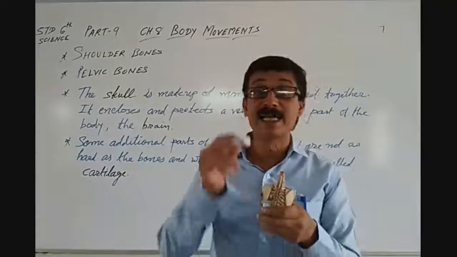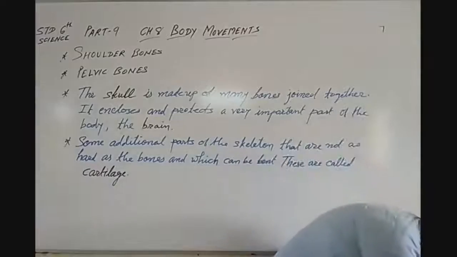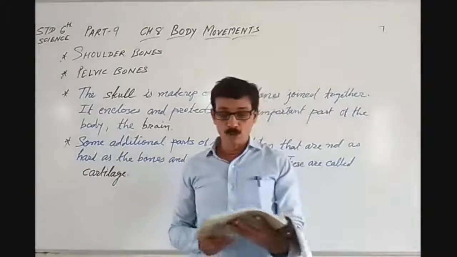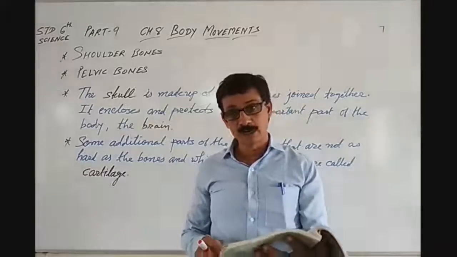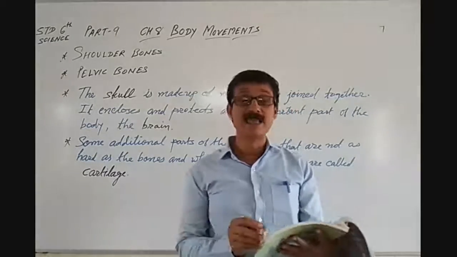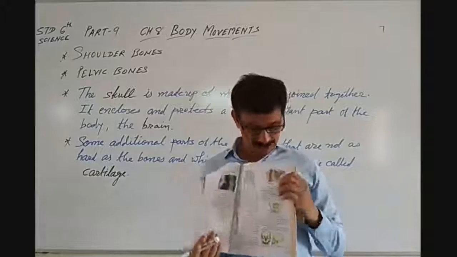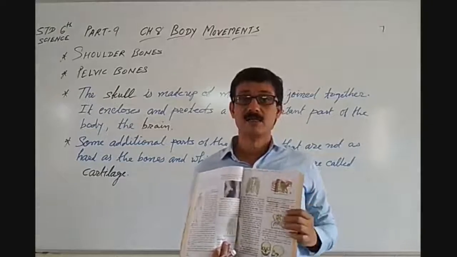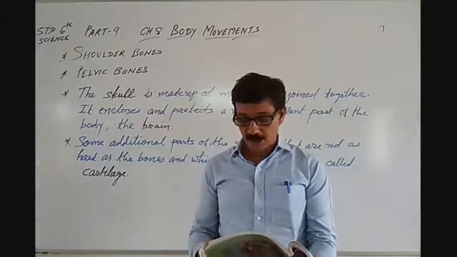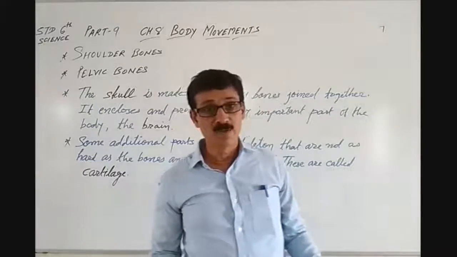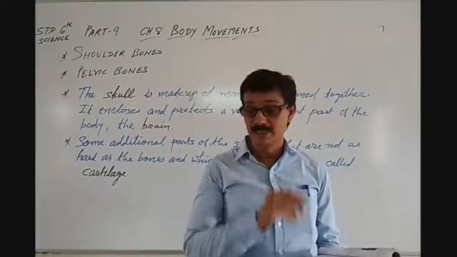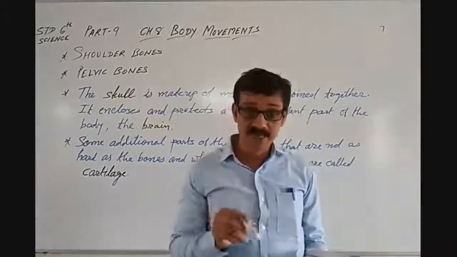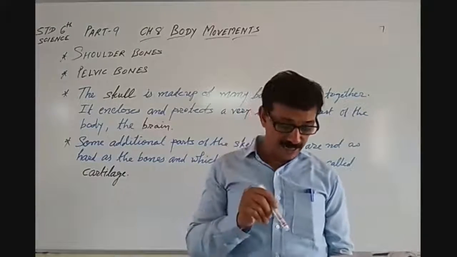It is something like that, and you can see it in your textbook on page number 71, figure 8.12. You can see these are shoulder bones. Okay, so we come to know what shoulder bones are. Then observe figure 8.13.